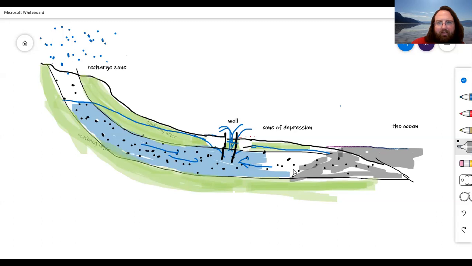And over time, more and more of that salt water is going to find its way towards your well. And once you start getting salt water going into your well, it's going to be a lot harder to water your crops. Salt water is going to wreck everything.